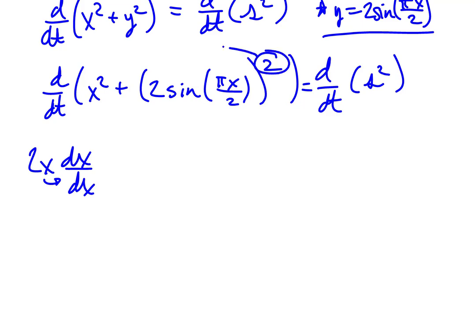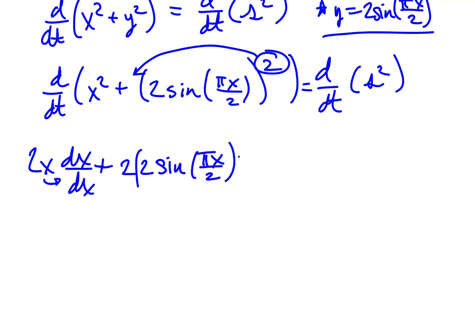We'll use the power rule to throw this 2 for the square down in front to make this plus 2. And then we'll keep the inner function as 2 sine of pi x over 2, and now that would be to the first power, which we don't have to write. And then we would have to multiply though. So here's the chain rule, right?